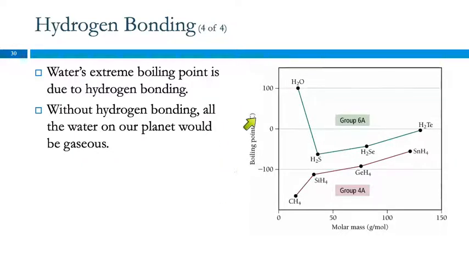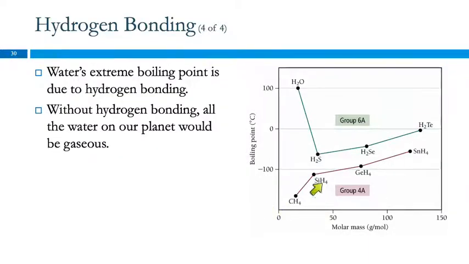So this table is showing boiling point as a function of molar mass. We're looking at group 4 elements bonded to hydrogen and group 6 elements bonded to hydrogen. So CH4, SiH4, germanium, and tin. There's a trend here that as we go down group 4, the boiling point gets higher.